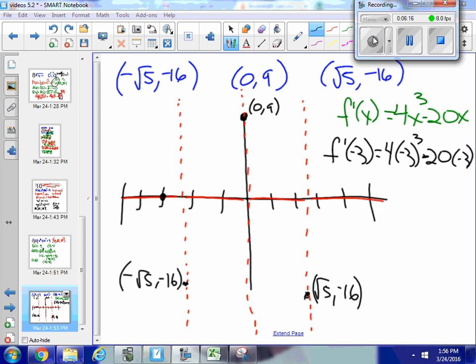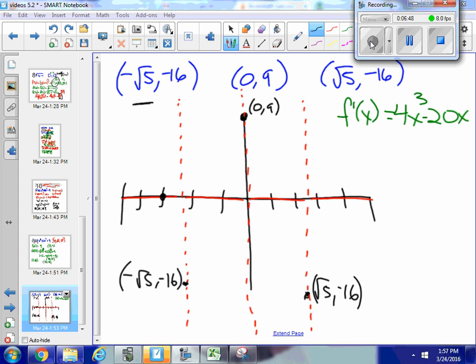Well, that's 4 times -27 plus 60. Well, I know that 4 times 27 is greater than 100 because 4 times 25 is 100. So this is going to produce a negative number. So in this interval, my slope is going to be negative. I'm going to be going downward. I'm going to be decreasing.